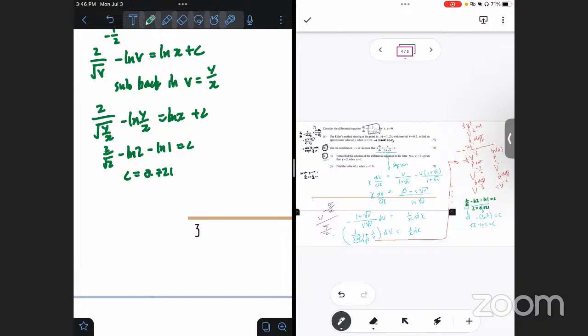I don't know the habits of IB. Do they want an exact answer like this one, or a decimal number? It's fine. Okay, but you found C. For part 2, it should be quite simple. You just have to put in the x and try to find the y. Granted, it looks a bit complicated.